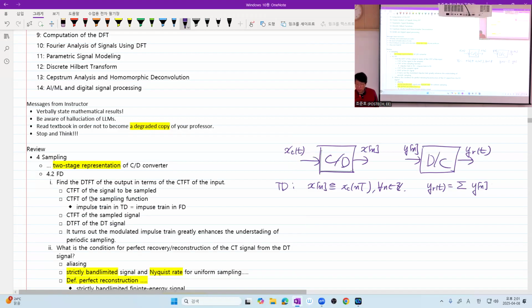Let me use P. Interpolated version of the discrete time signal. Here, P of t is called interpolation function or waveform. And if it is the impulse response, then it's called the impulse response of the filter. Various names can be used.